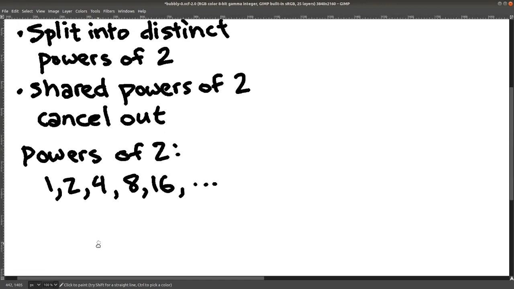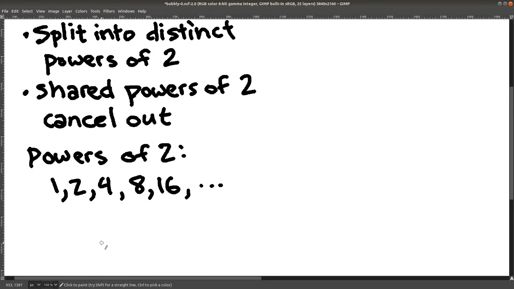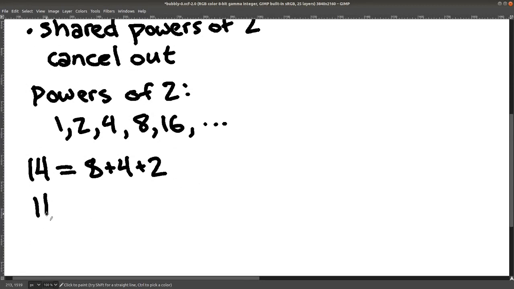All right, let's look at an example. Split into distinct powers of 2. So let's take 14. You can always split any number into different powers of 2. So in this case, it's 8 plus 4 plus 2. 11 is 8 plus 2 plus 1.